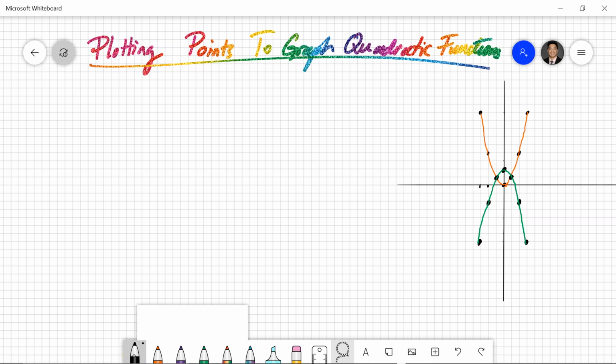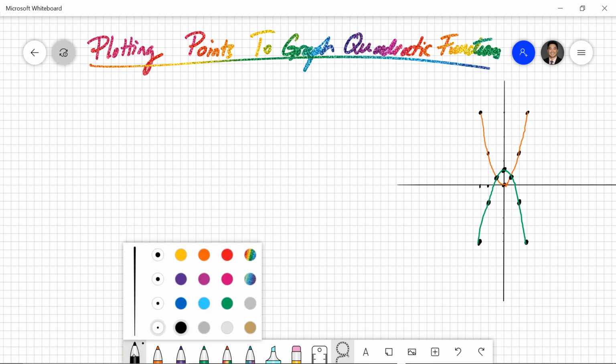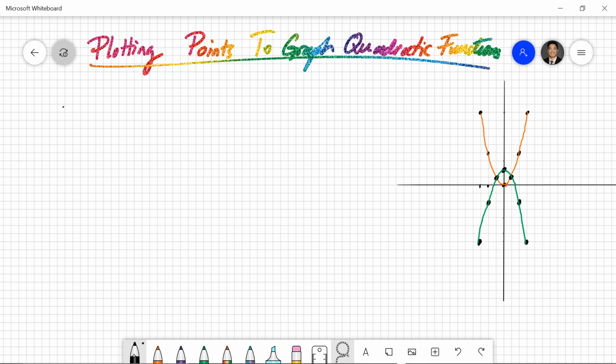And again, this is just all practice of algebraic substitution, nothing else. In this case, I'm going to use the graph of y is equal to 2x squared minus 5x plus 1. Same table of values.